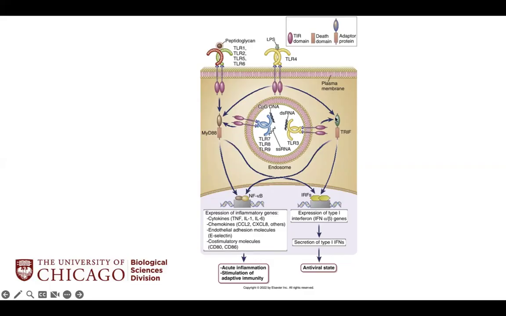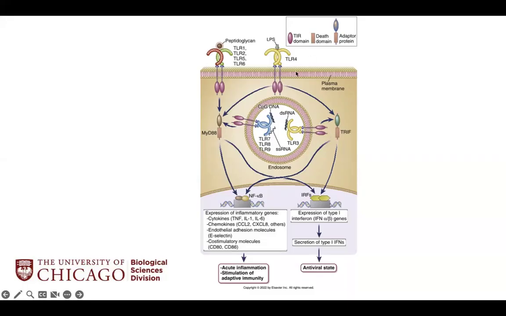TLR3 is MyD88 independent. And the reason that is important is because there is a known immune deficiency associated with MyD88. And if that's gone, you lose all of the signaling except for just a little bit, because there are two that can signal, one that necessarily has to signal independent of MyD88.